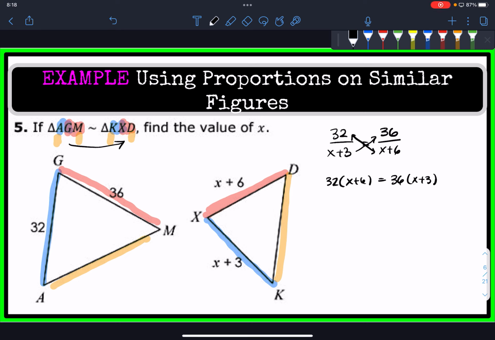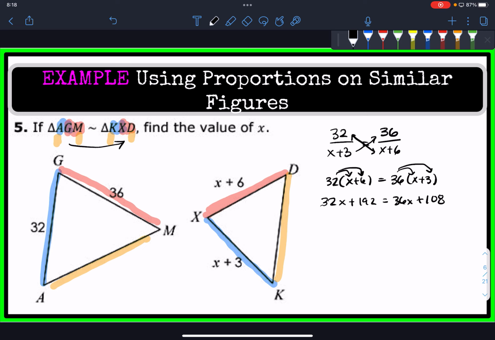So this is going to involve distribution. We'll start by distributing 32 into the x plus 6, so that's 32x plus 192, and then distributing 36 with x, that's 36x, and then 36 times 3, that's equal to 108.